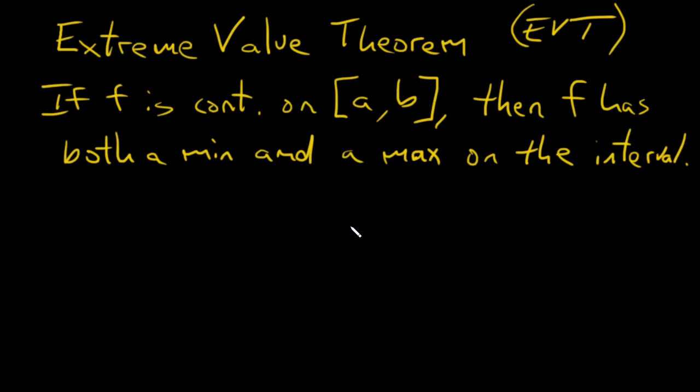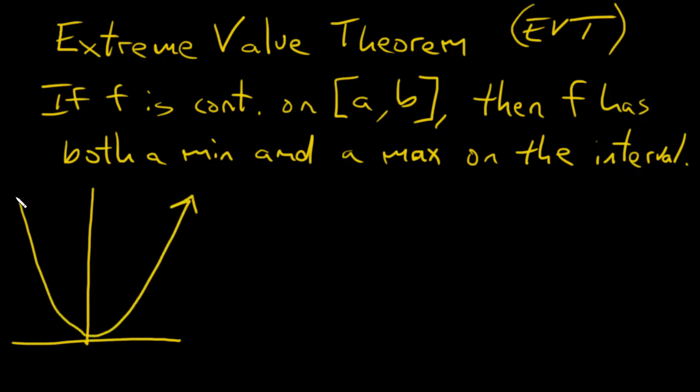Alrighty? Now, I want to do an example of finding these mins and maxes. We're going to start off with a function which you probably have seen a time or two before. This one right here is our good friend y equals x squared. We've got a few points.